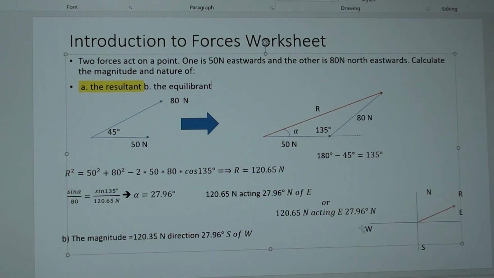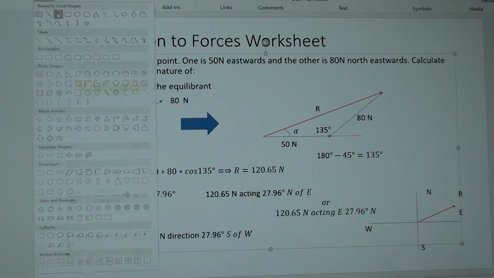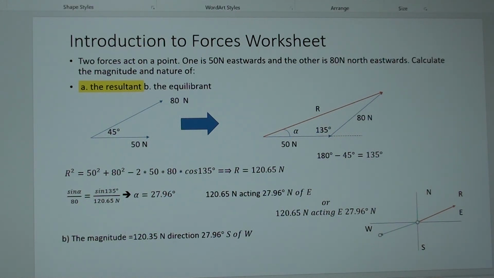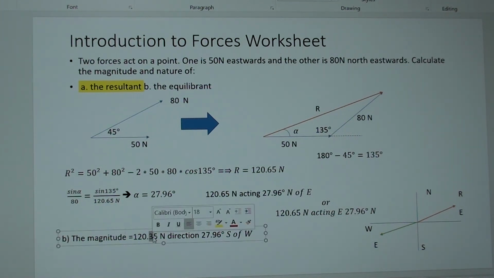Now, opposite to that will be the equilibrant, which we need to identify as going in that direction, with a value of, let's give it a green color to distinguish between them. Let's give it the letter E, and the magnitude will be 120.65 newtons.